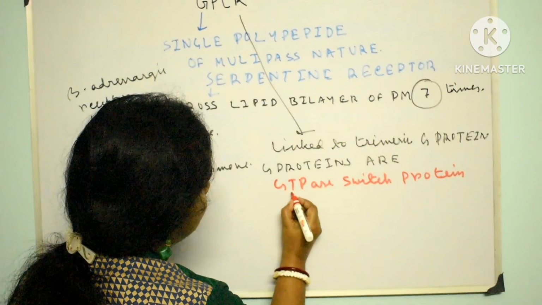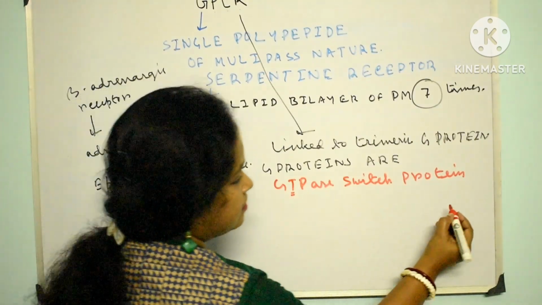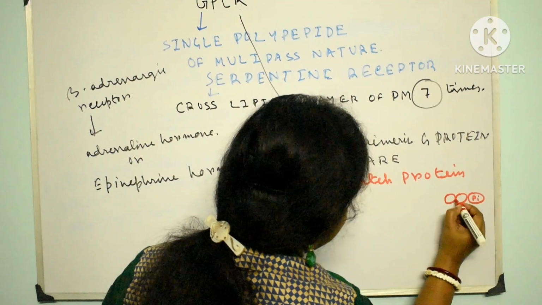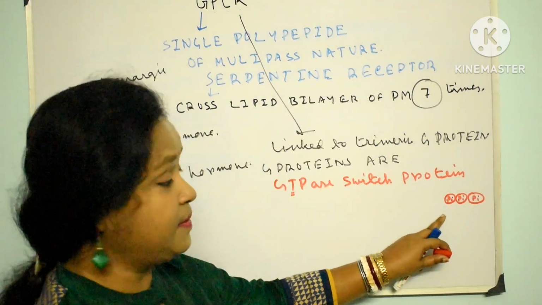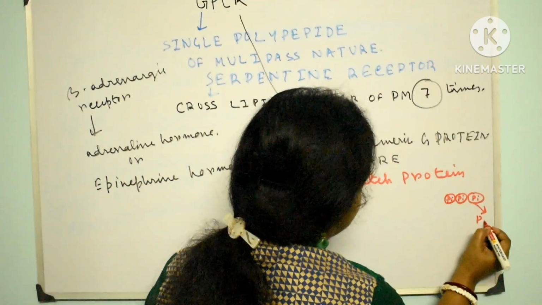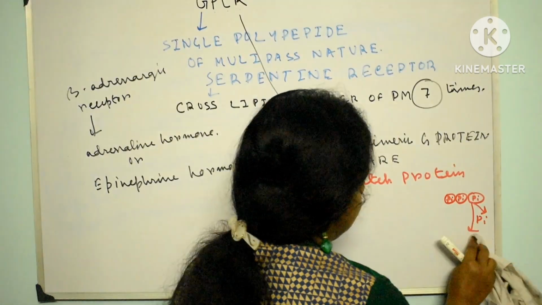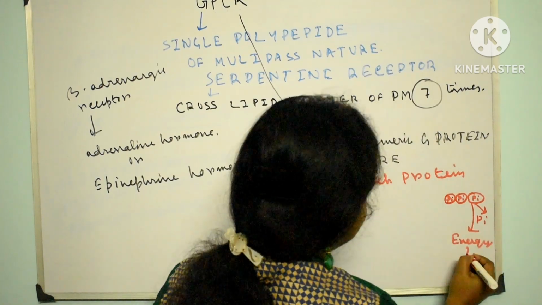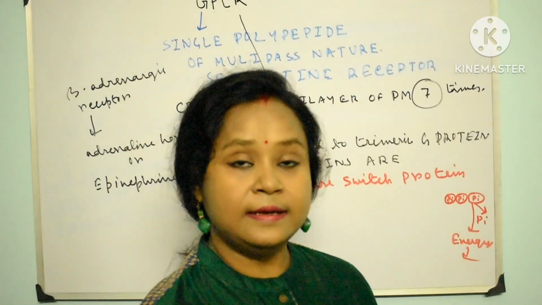That's why it is called triphosphate. See, from this ATP, one terminal phosphate is released and energy is released, and this energy is utilized when necessary.